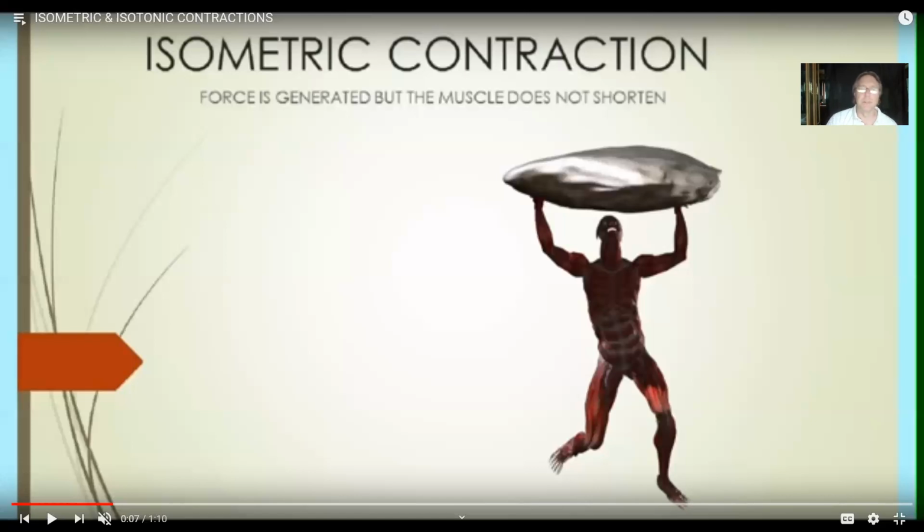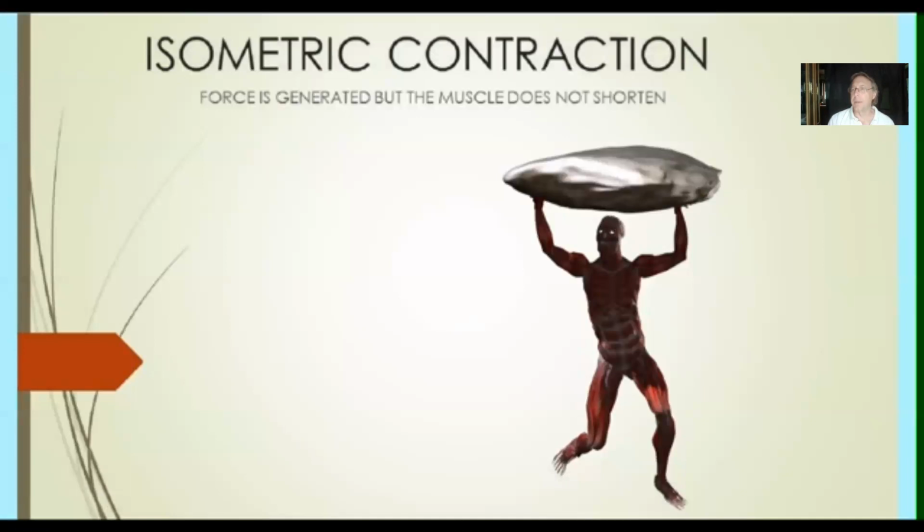And so sometimes you can have what's called an isometric contraction, where force is generated but muscles don't shorten. Once again, what's determining whether the muscles shorten or not is the comparison between the weight of the load and the tension that you are creating. If you don't create enough tension to overcome the resisting force, then your muscles won't shorten.